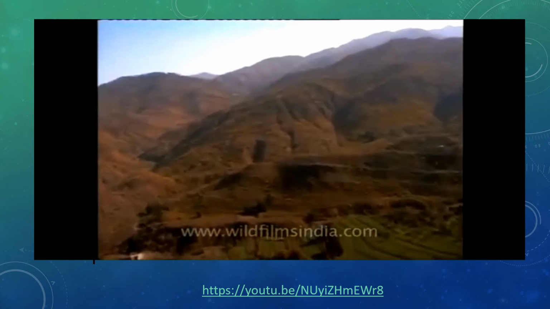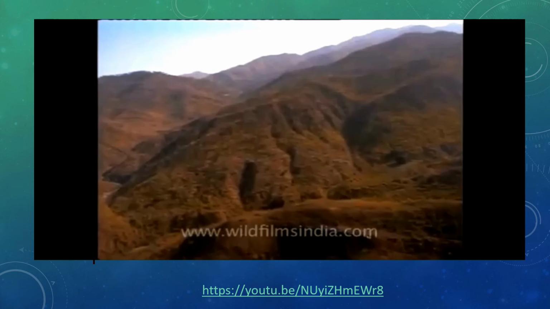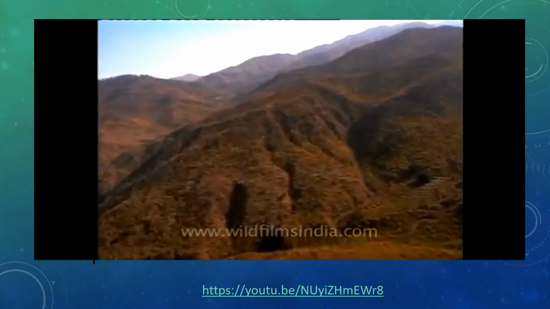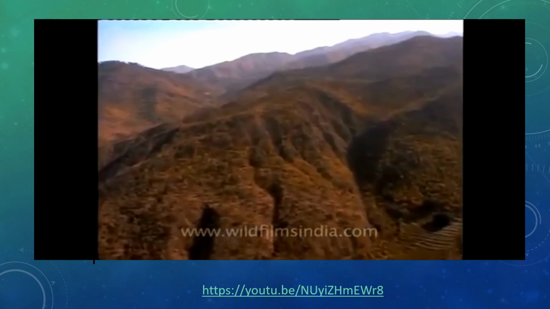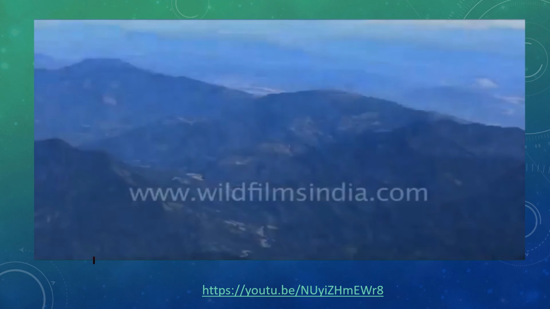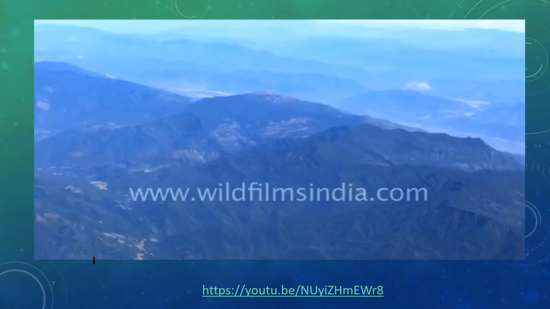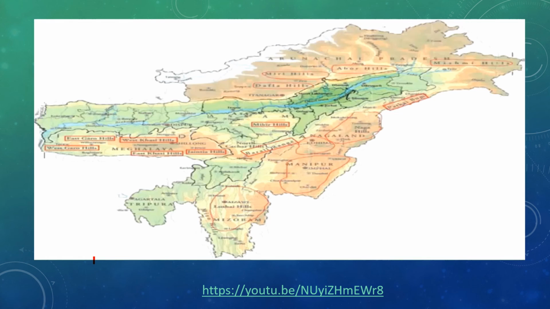The Lesser Himalayas are the southernmost range of the Himalayas. This range is made of mud and soft rocks. It is not a continuous range like the other two ranges. Purvanchal range lies to the northeast of India. It covers the states of Assam, Arunachal Pradesh, Manipur, Tripura, Nagaland, Meghalaya, and Mizoram.